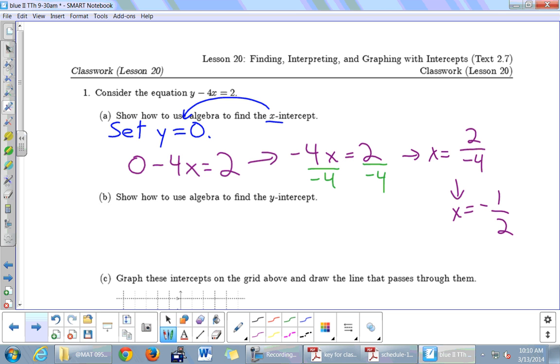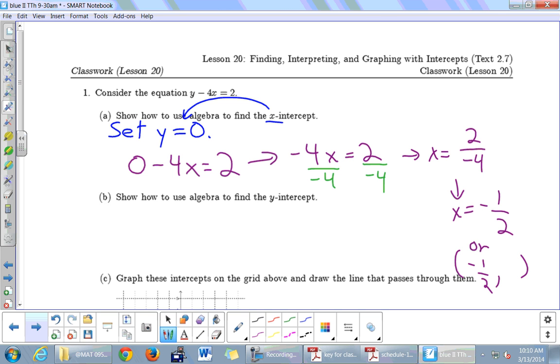I'm going to write an or here, and I'm going to include points, and this is probably what I'm going to ask you for on a test or a quiz. If I ask for an x-intercept, I probably want both coordinates. It's a point, right? Every point has 2 coordinates. -1/2 is just one of them. So -1/2 is definitely the x, because that's what it says. But how much is the y?